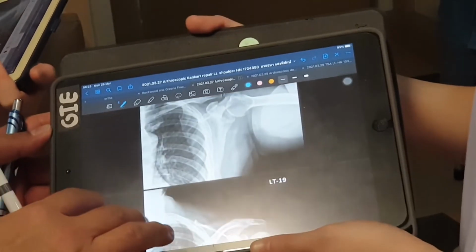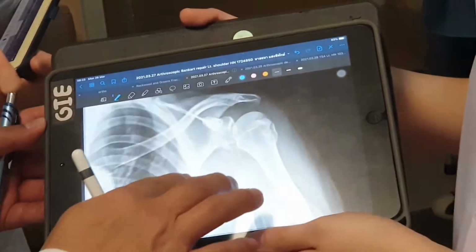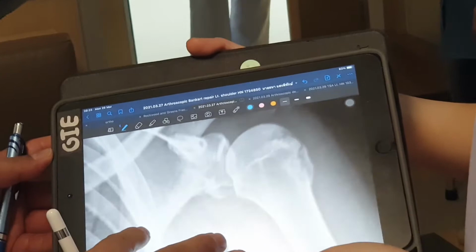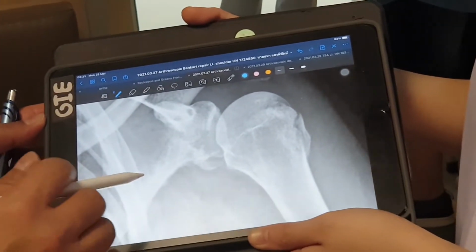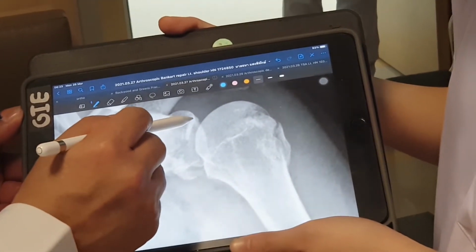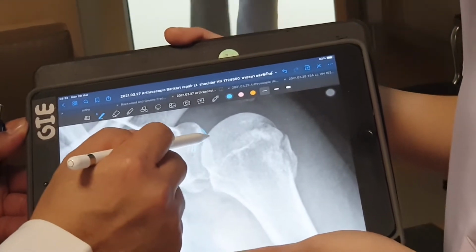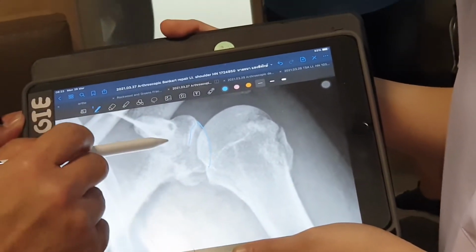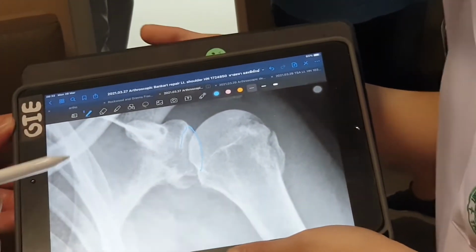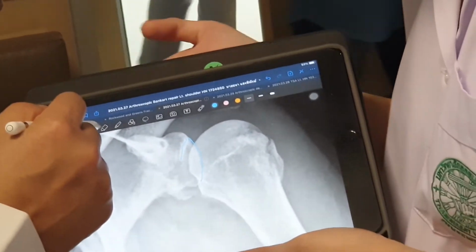After we look at the spatial view, you can see this view very clearly. This is the anterior part, this is the posterior part. Disrupted, right? I'll show you here.